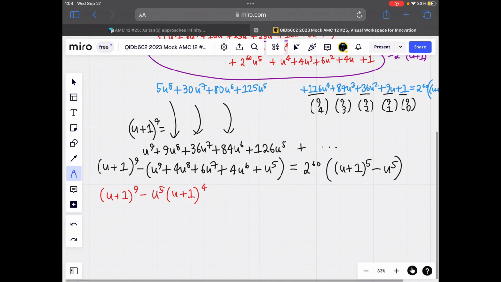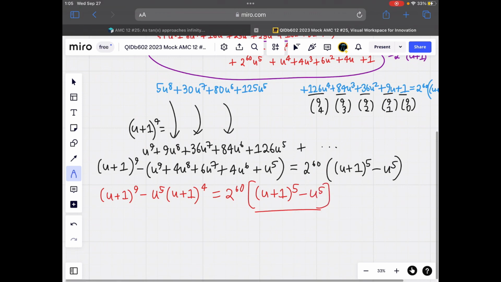That's why the u^5 is here. We multiplied (u + 1)^4 by u^5 to get this. And that's equal to 2^60 times ((u + 1)^5 minus u^5).